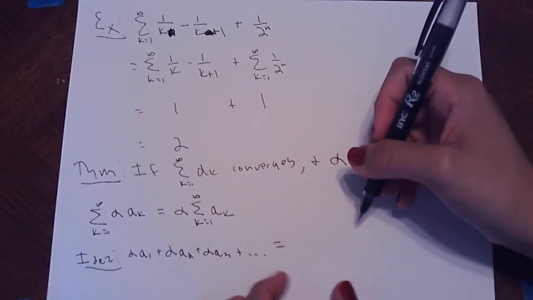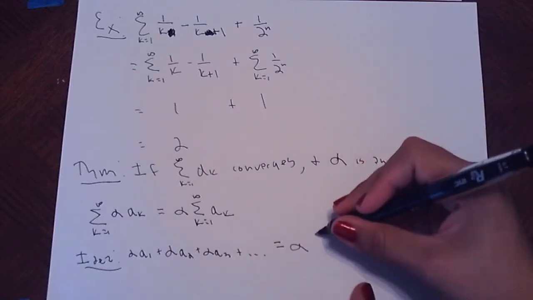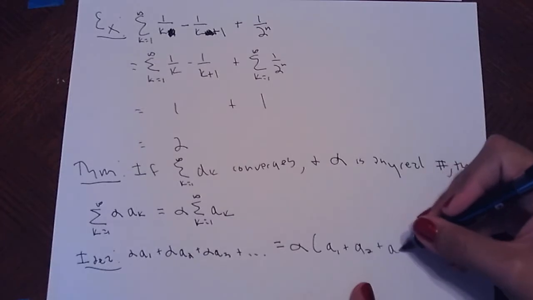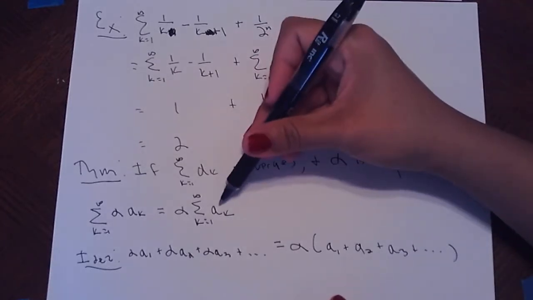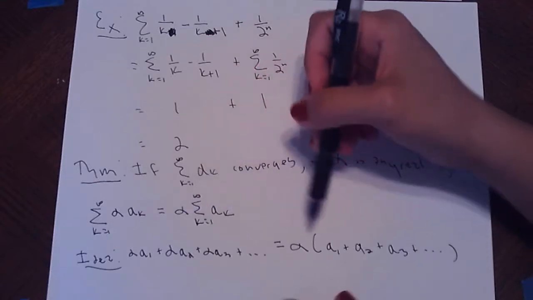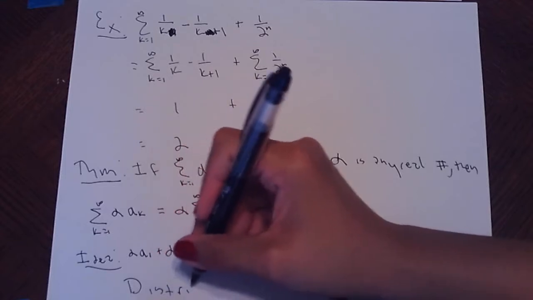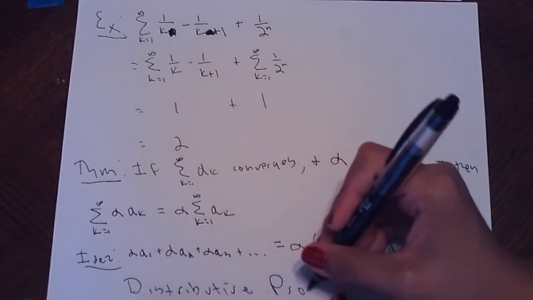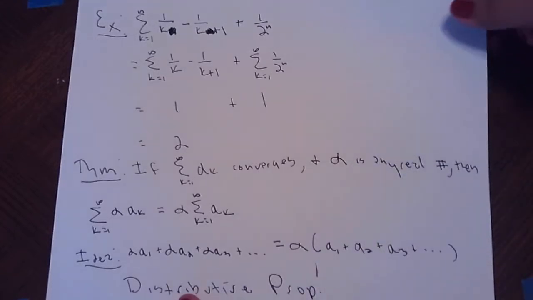Well, if every single term has an alpha stuck to it, the distributive property is going to let me pull this out. And really, that's what it looks like when I write out this side. This is alpha times this big long sum. So here's what we've got to thank for this: the distributive property helps us simplify there.